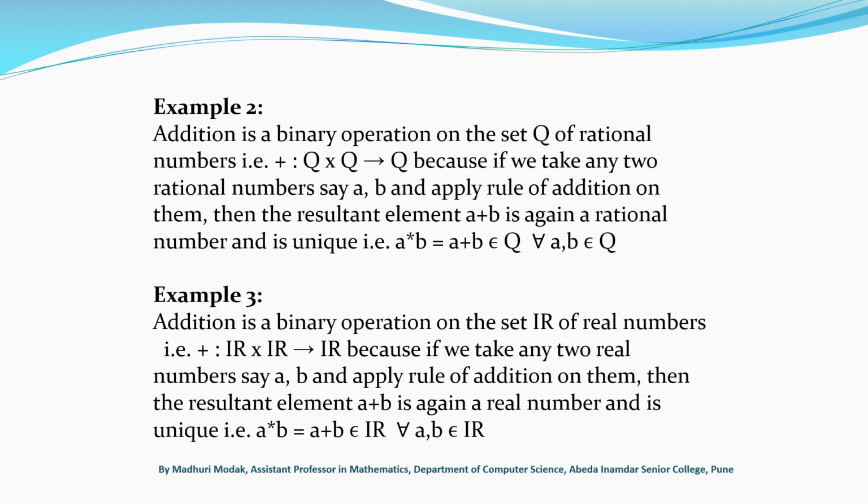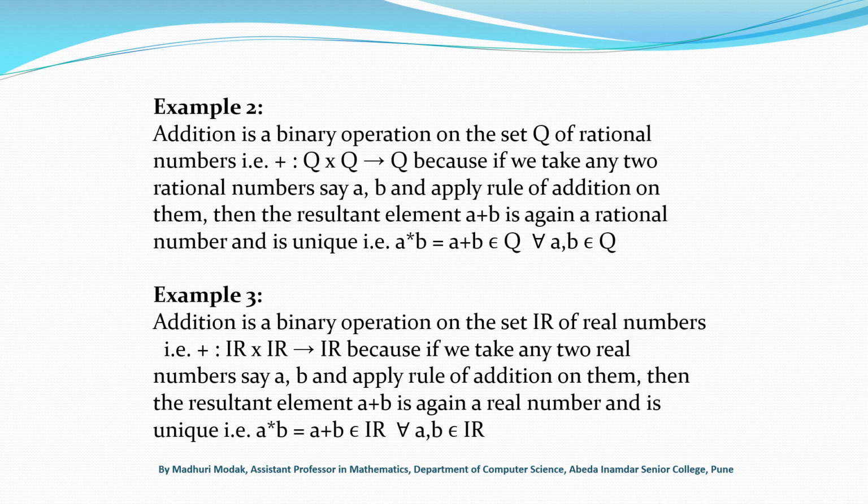So if I again define addition on Q, then addition is defined from Q cross Q to Q itself. Why? Because if you consider any two rational numbers, say a and b, and add them, then a plus b is again a rational number and it is unique. So addition of two rational numbers is again a unique rational number, and so addition is a binary operation on the rational number set.